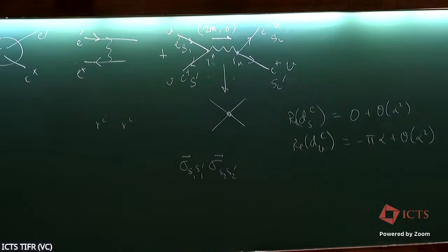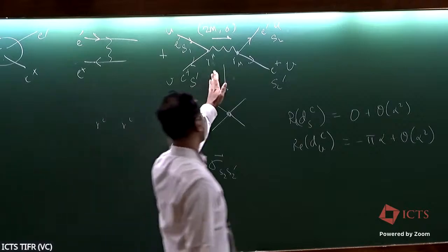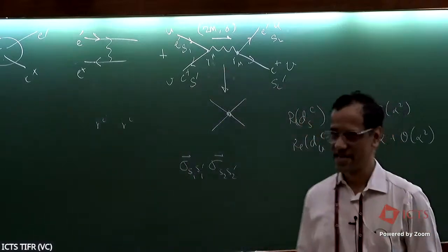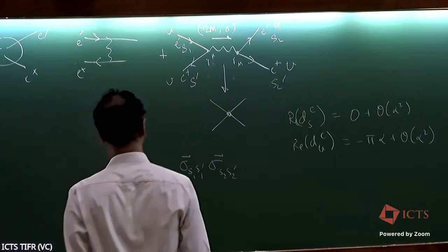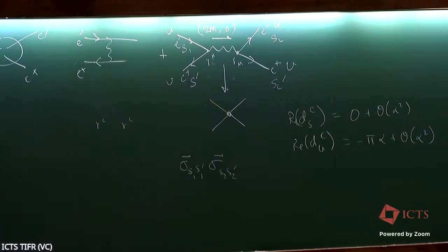So the idea here is that this particular process can't tell you anything about the decay of positronium, because can somebody tell me why this isn't giving you any decay?